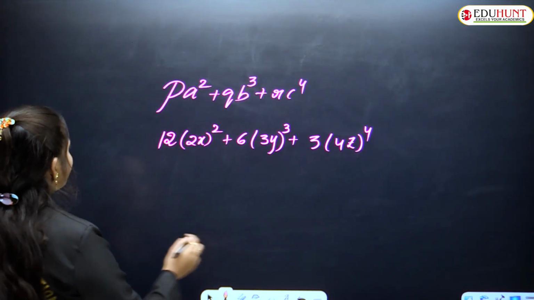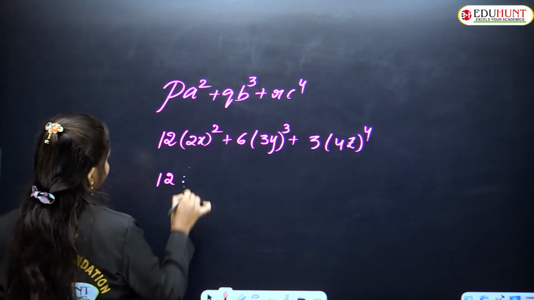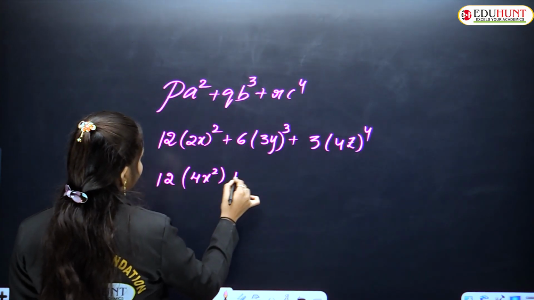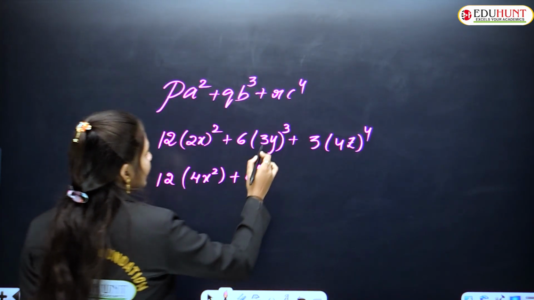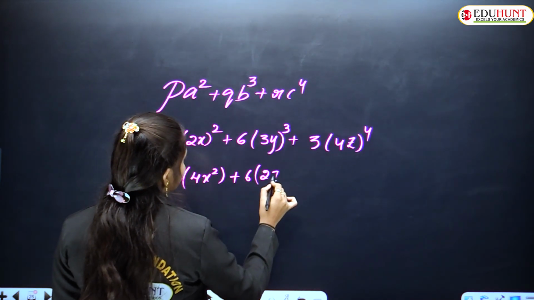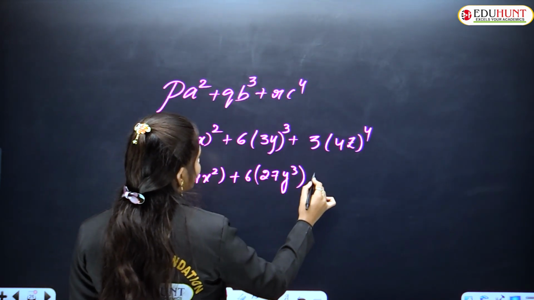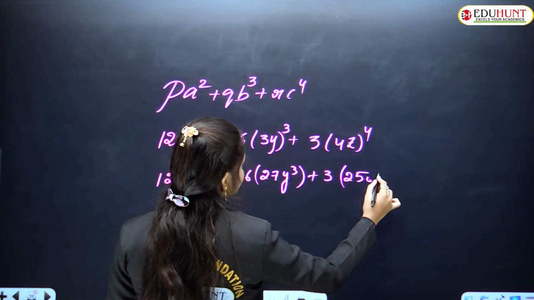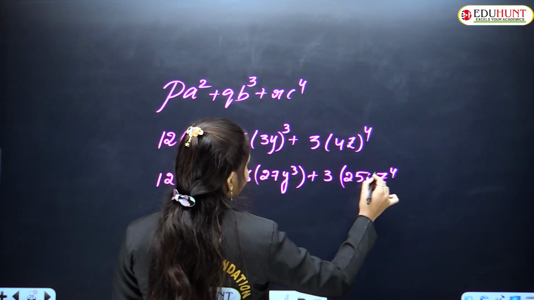Understand? Now simplify it. 12 into 2 square is 4x square plus 6 into 3 cube is 27y cube plus 3 into 4 power 4 is 256 z power 4.